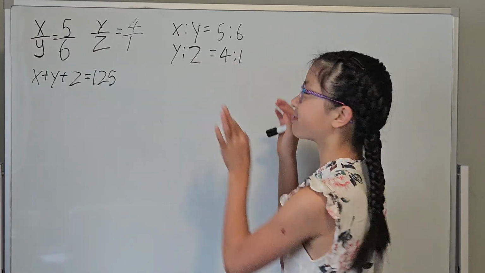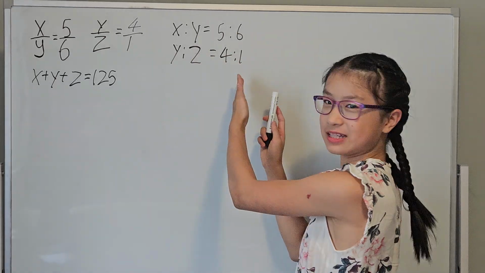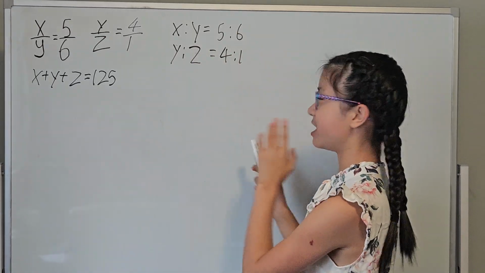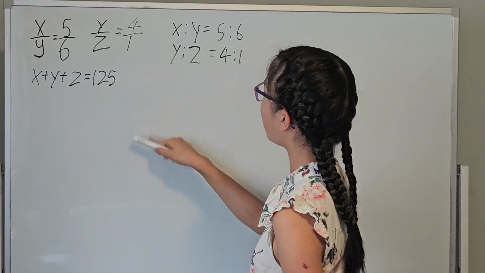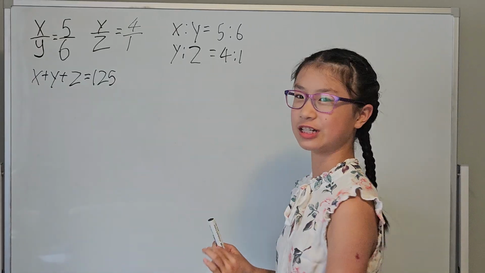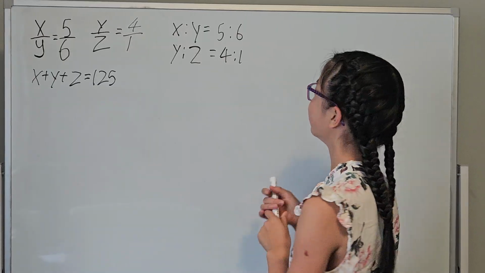Now we see a little problem here. In the first ratio, y equals 6, but in the second ratio, y equals 4. And that is really not beautiful about this equation, which means we need to turn it into the same thing.